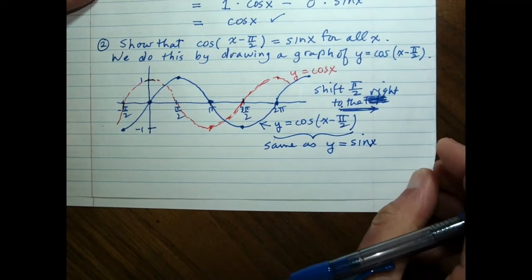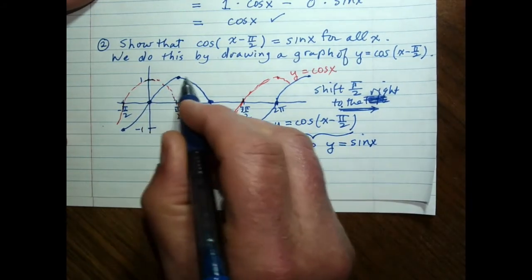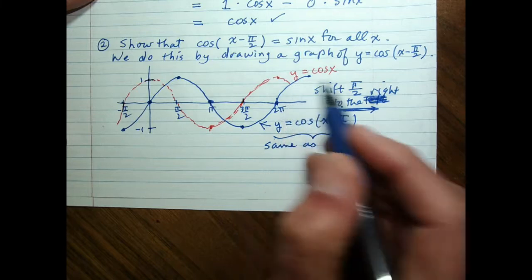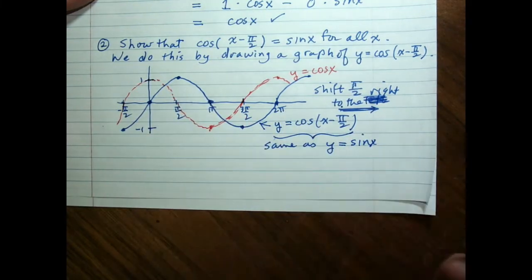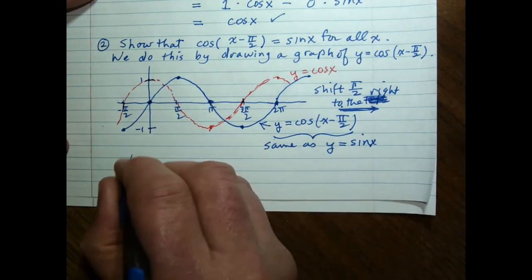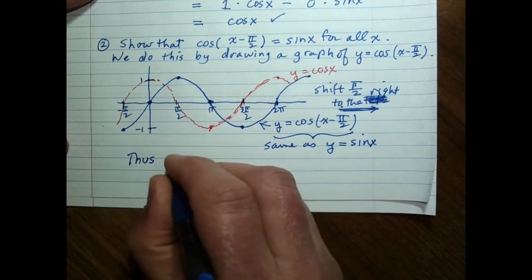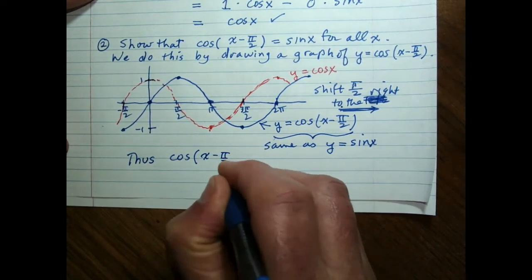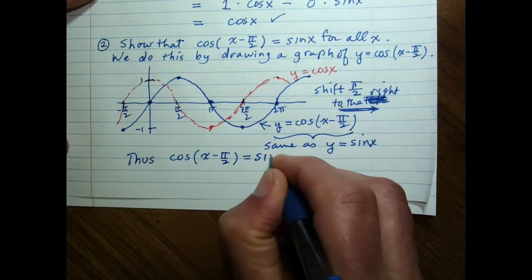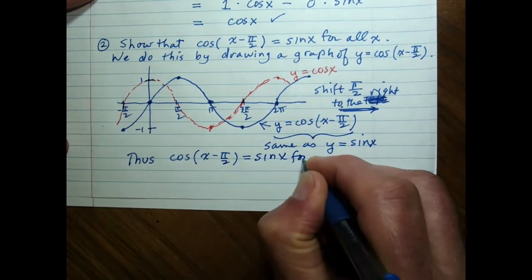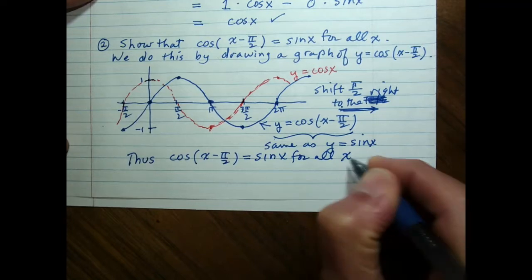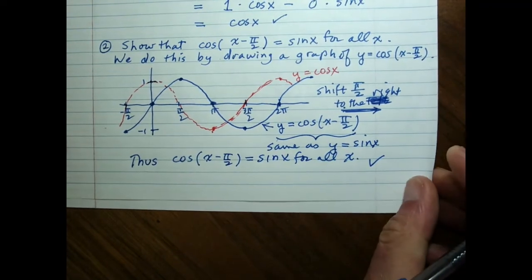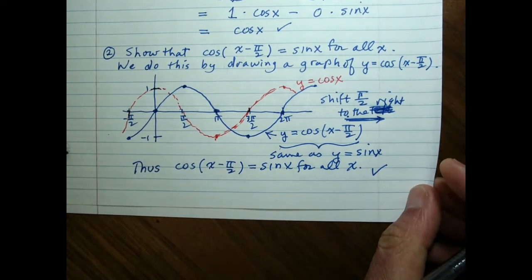We're in exactly the standard position for the y equals sine x graph with period 2 pi. Thus, cosine of x minus pi over 2 is equal to sine x for all x. That's what we wanted to show. We've shown point number 2.